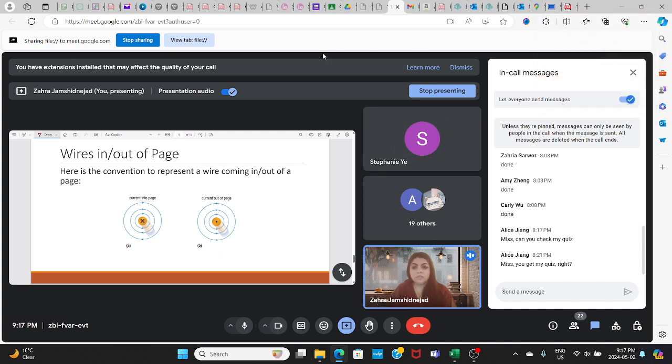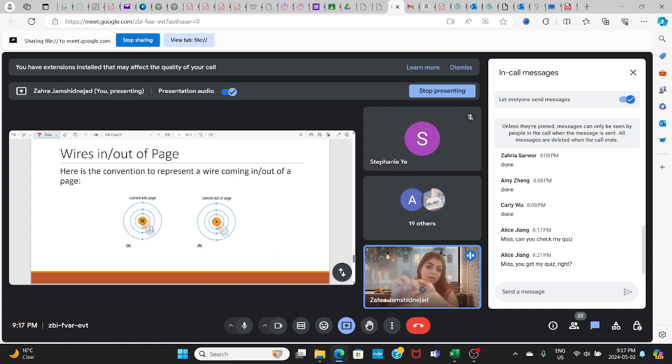Okay, so here I set the current going into the page. I need to use my right hand because it's a positive charge. Now I put my thumb in the direction of the current, which is into the page. Do you see that this pen is my wire, and I'm putting it kind of into the page?